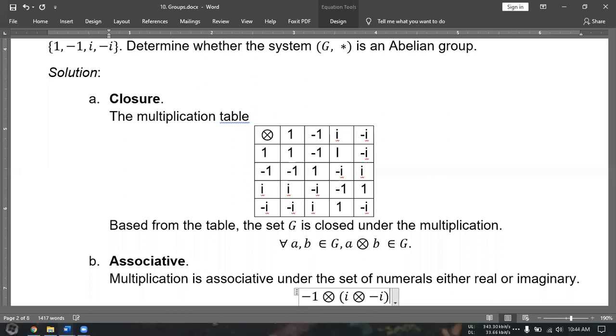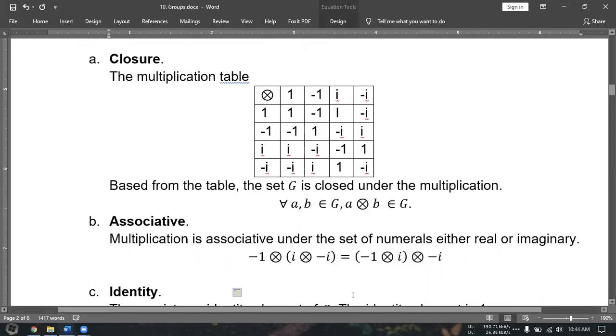Is this equivalent to negative 1 times i times negative i? So what is i times negative i? i times negative i is 1.